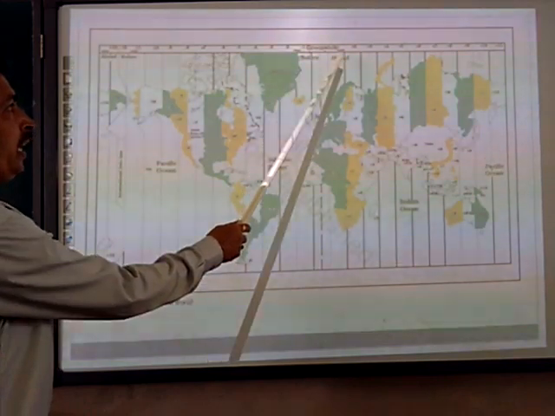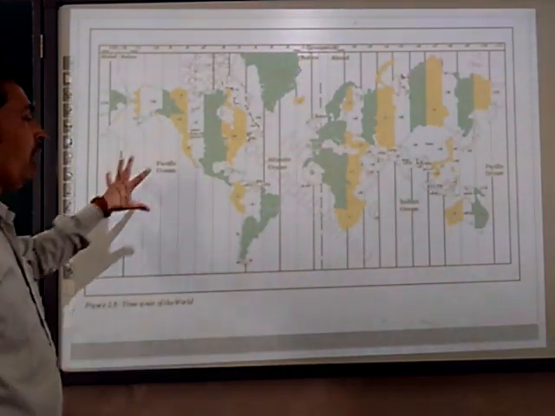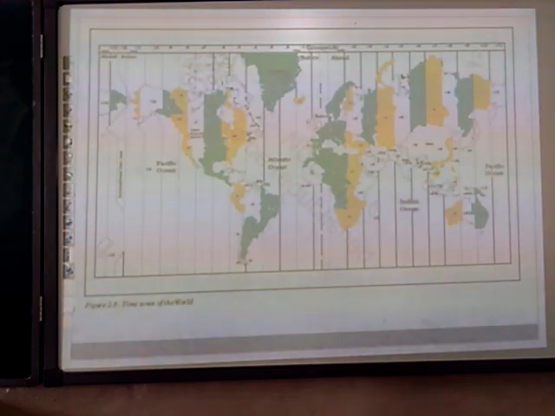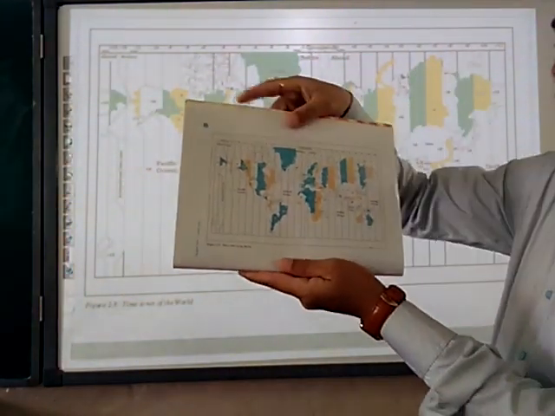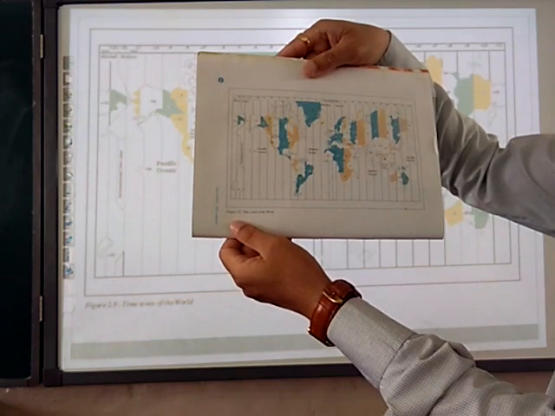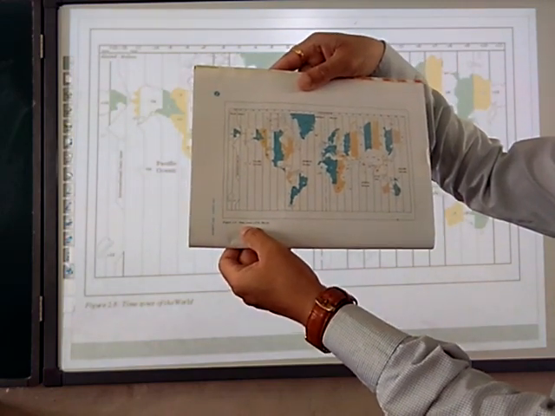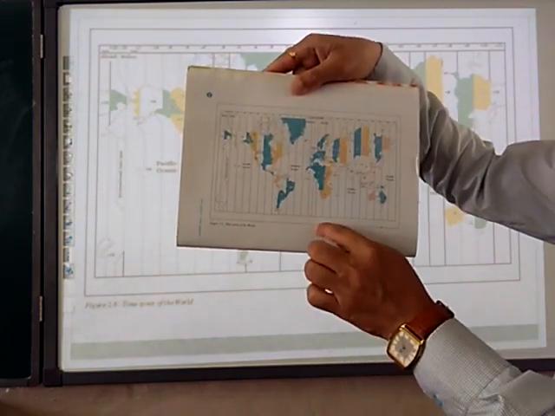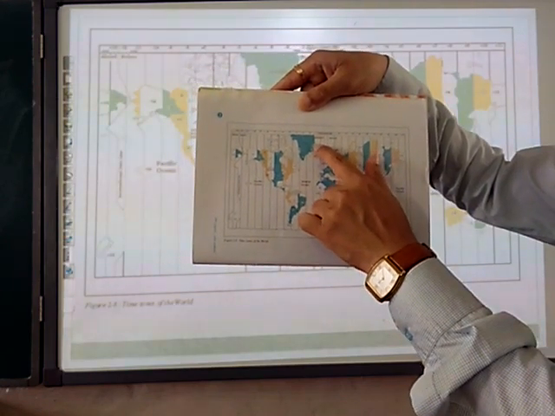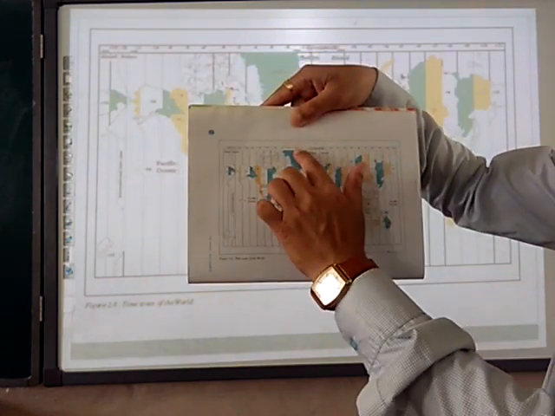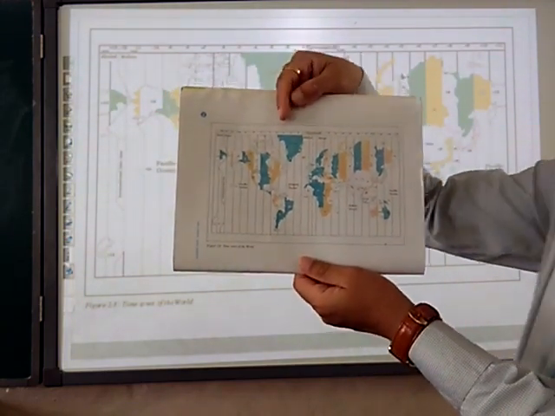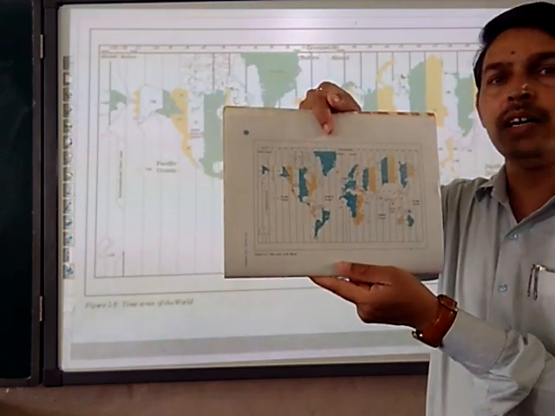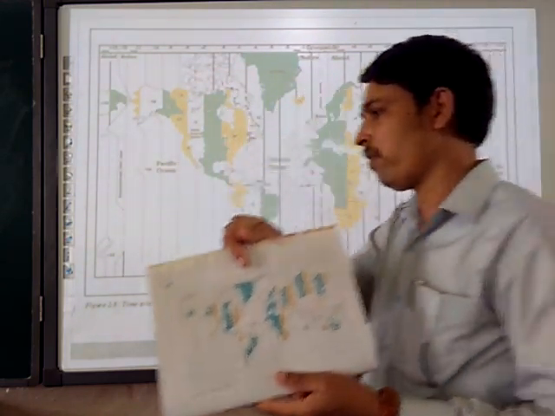Here you can see the before and ahead of Greenwich. To understand more clearly, from your textbook you can go to page number 14 and see this figure 2.8, the time zones of the world. Greenwich is here, ahead is here, and before is here, right? You can see plus is here and minus is here, right? That is your homework, to read this figure and get acquainted with it.